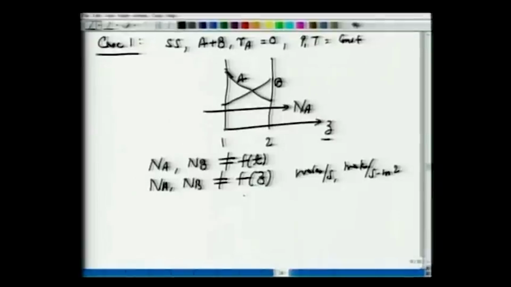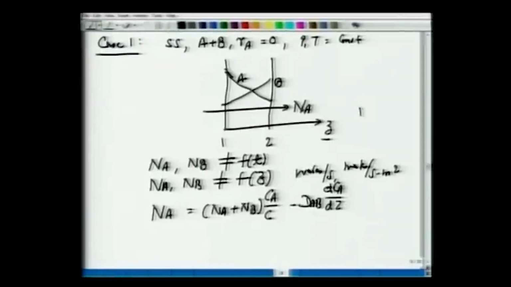So we go back to our previous equation for NA in terms of bulk transport, NA plus NB times mole fraction, which we can write as CA over C, minus DAB dCA over dz. So we are assuming 1D diffusion flux here.